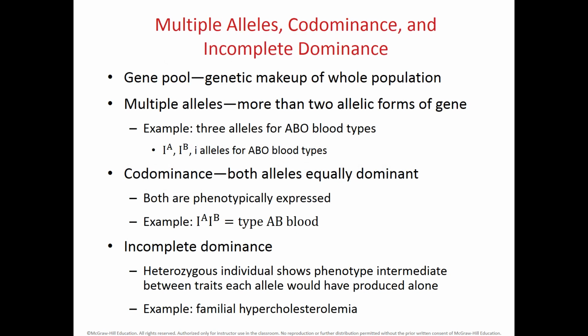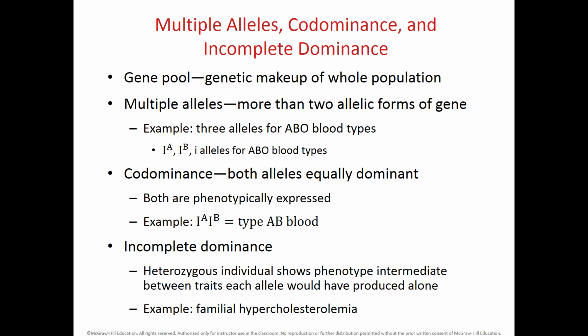Now we have multiple alleles, codominance, and incomplete dominance. All the genes that are found within an entire population make up a gene pool. And since you have multiple alleles, more than 2 allelic forms will form a gene.